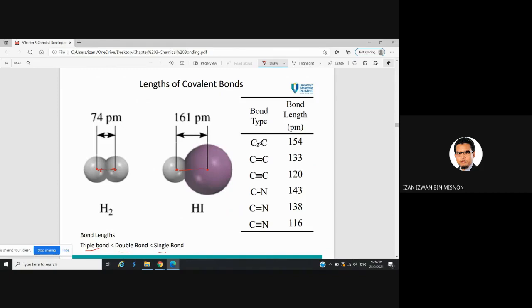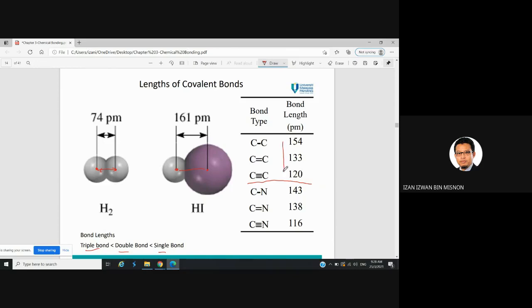So for another example, to compare the single, double, and triple bond, single bond will have a length of 154 picometer, and in the case of double bond, the length is 133, and the triple bond will have a length of 120.